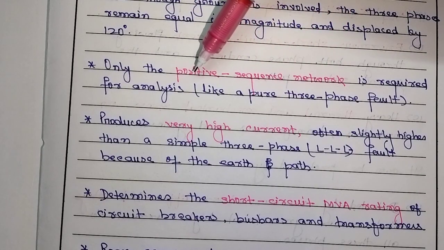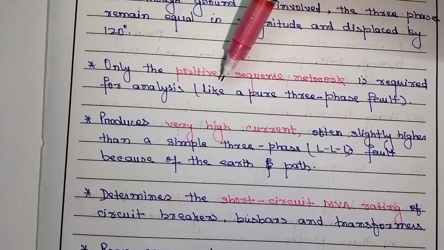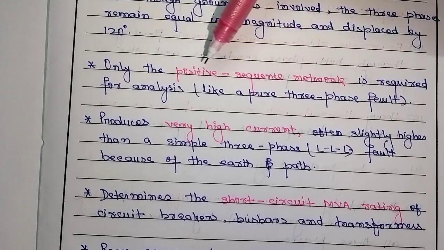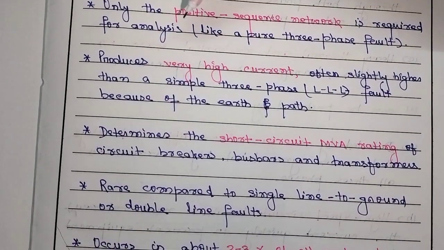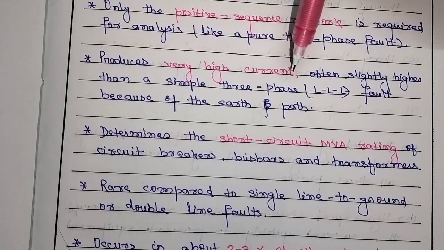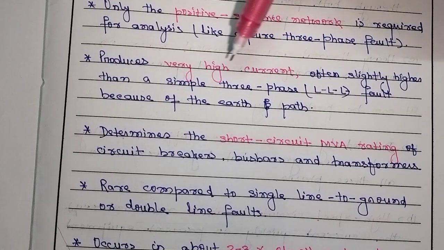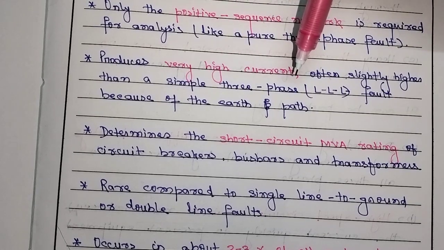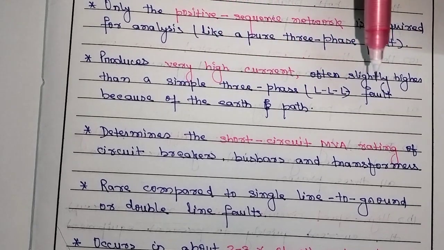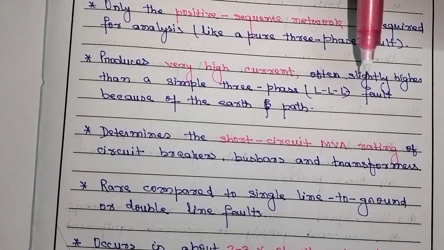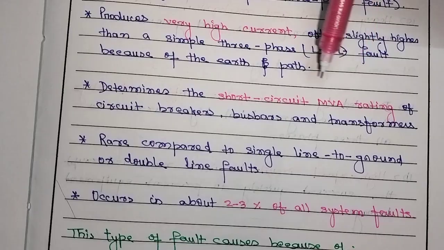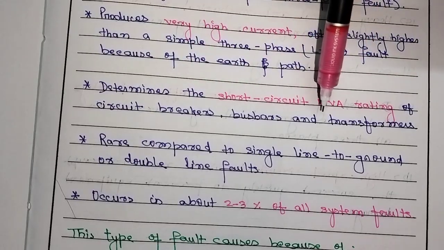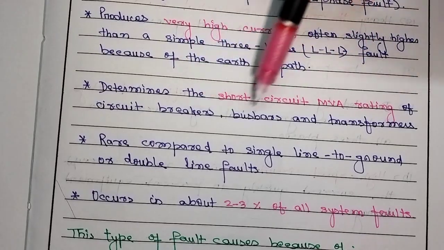Already we have discussed that we require only the positive sequence network for the analysis of the three-phase fault. It produces very high current, often slightly higher than a simple three-phase fault because of the earth path. It determines the short circuit MVA rating of the circuit breakers, bus bars and the transformers.